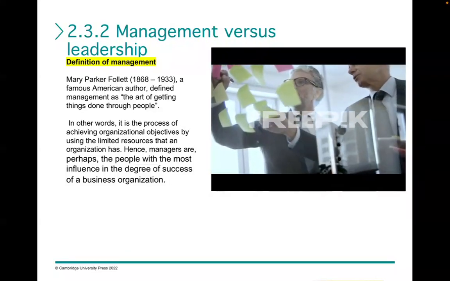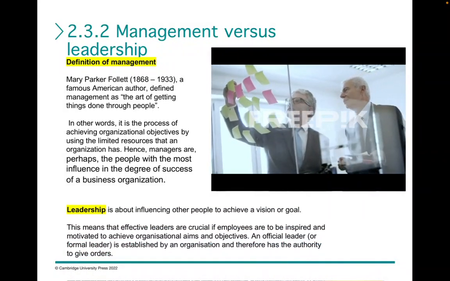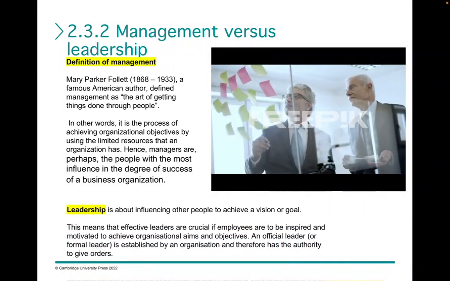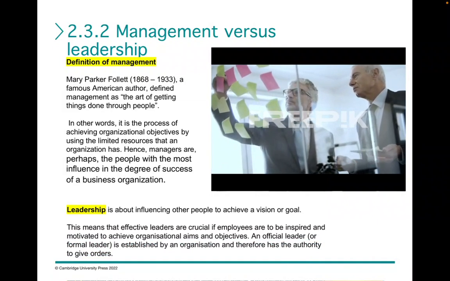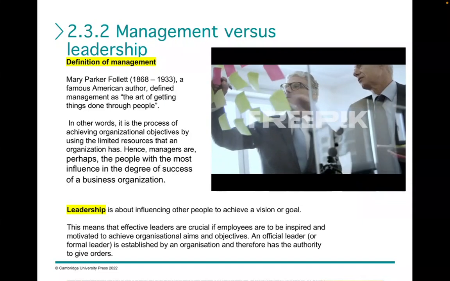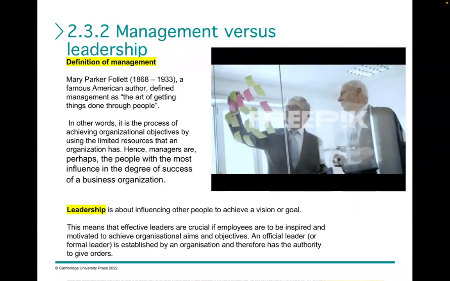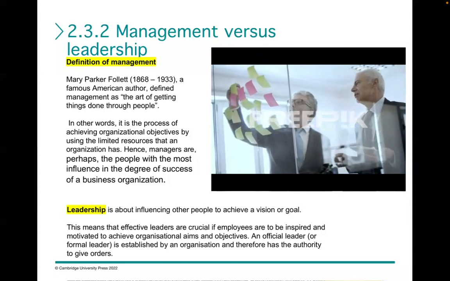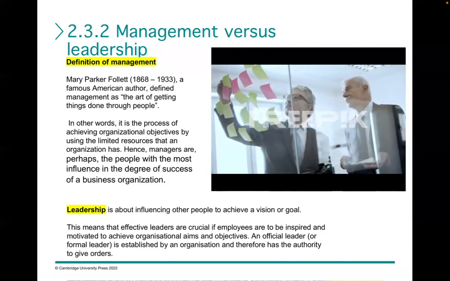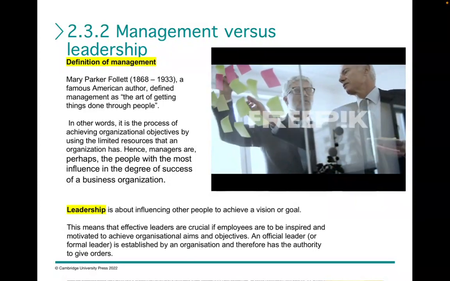So management is just about getting the job done. However, leadership is about influencing people to achieve the vision or the goal, meaning that effective leaders inspire people to be motivated to do the job willingly with that positivity. They normally lead them by example.